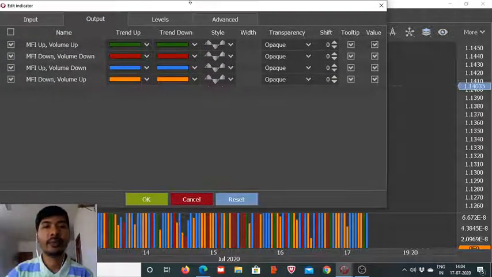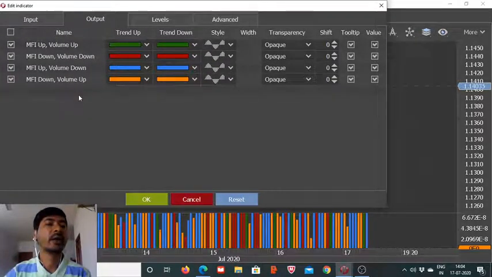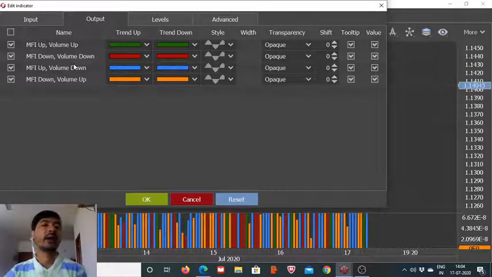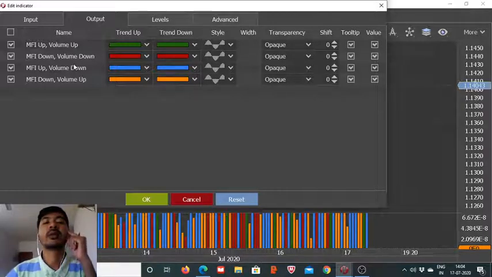So here you have to define all these four output values. We have these output trend up and trend down scenarios color coded by these bars, and as I have explained, various outputs signal various scenarios, and we have to trade accordingly.